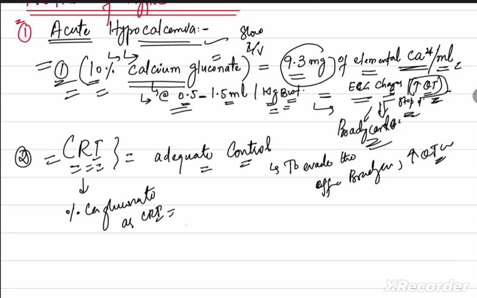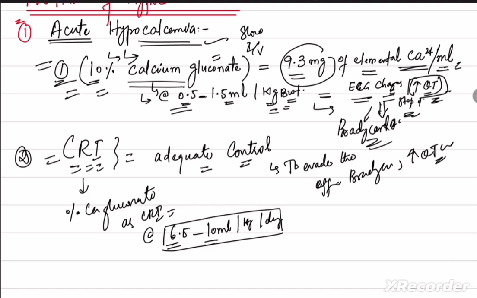It is given at the rate of 6.5 to 10 ml per kg per day, as a continuous rate infusion.